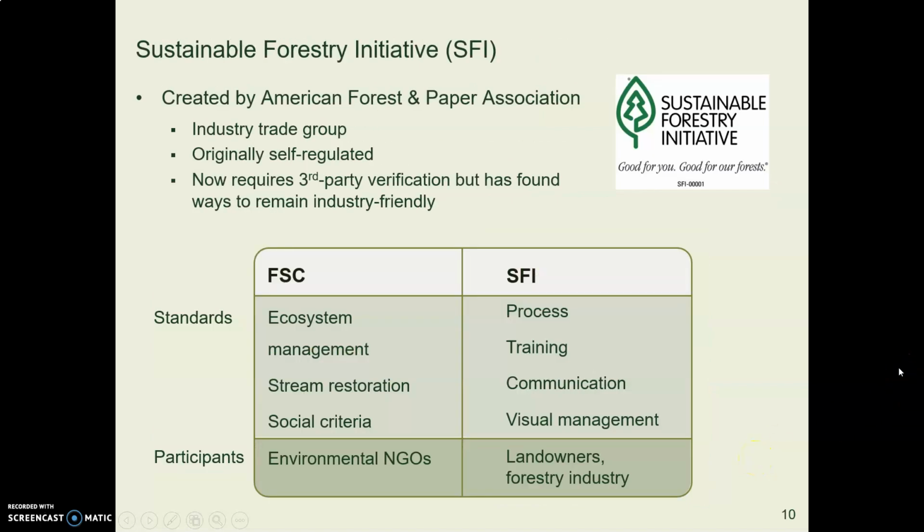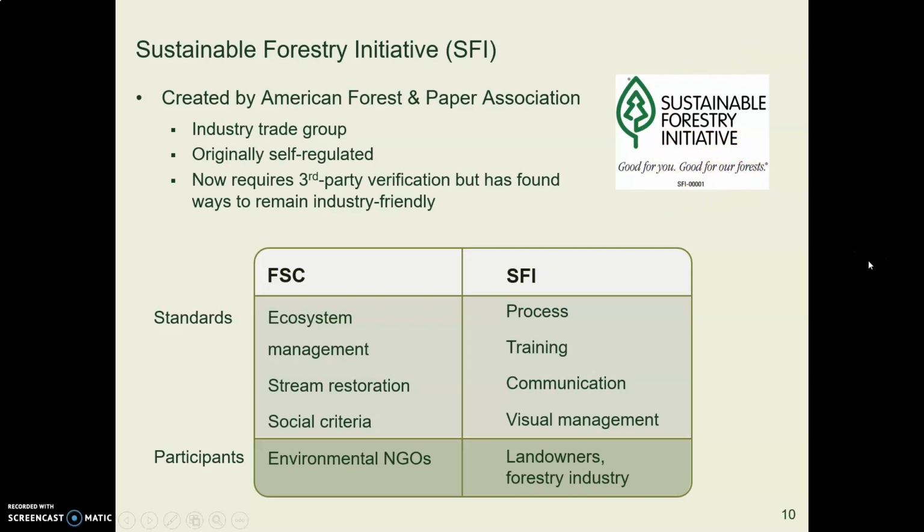Finally, there are other sustainable forestry certifications out there, and probably the alternative one that you see most often is this one, SFI, Sustainable Forestry Initiative. You'll see this on boxes of paper, for example. This is an industry trade group, and here's some nice words: good for you, good for our forests.